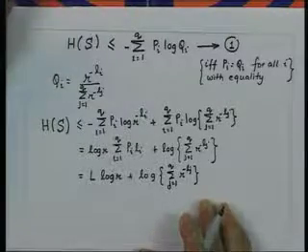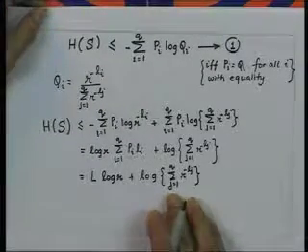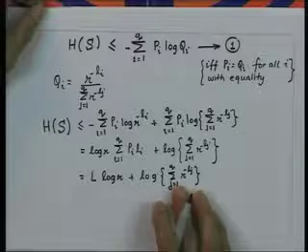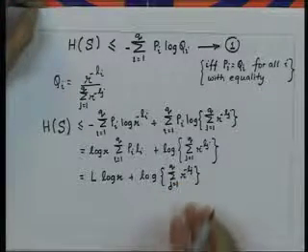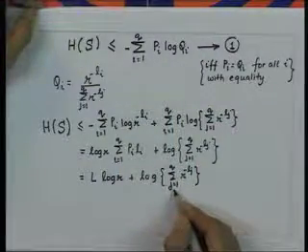Now, if we have the requirement that our code is instantaneous, then the Kraft inequality tells us that this quantity out here should be less than or equal to 1.